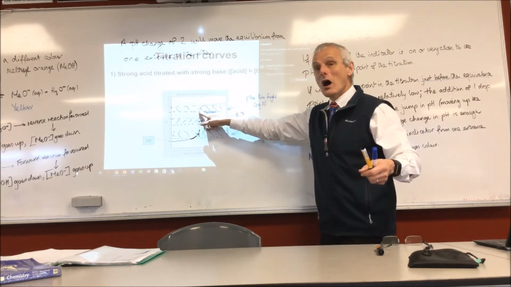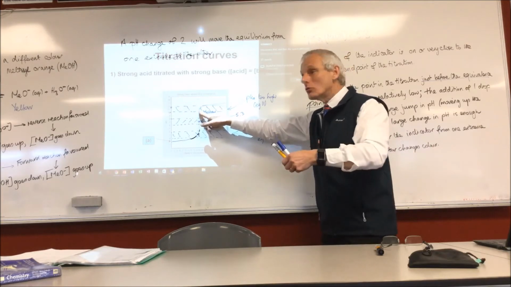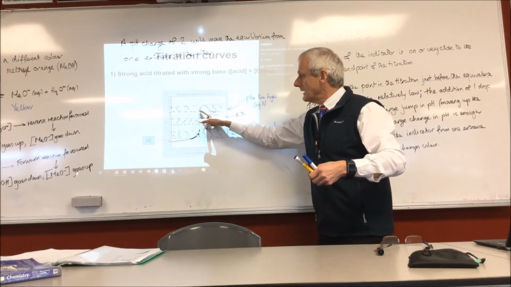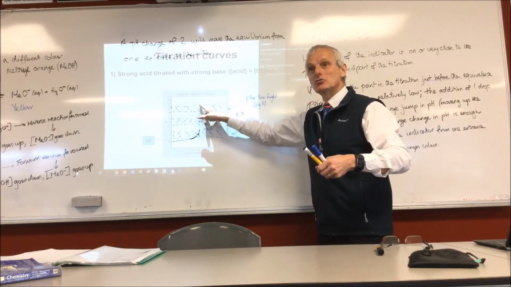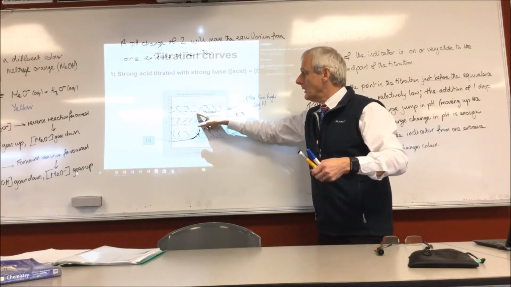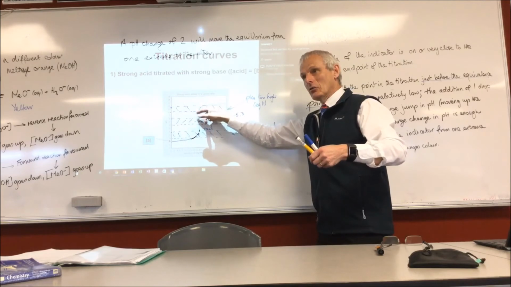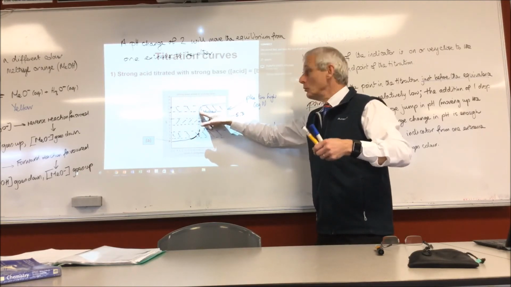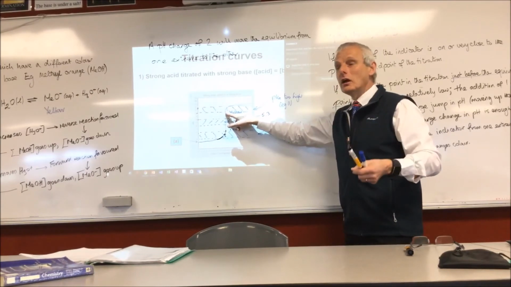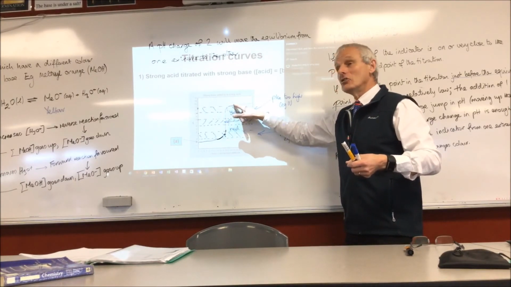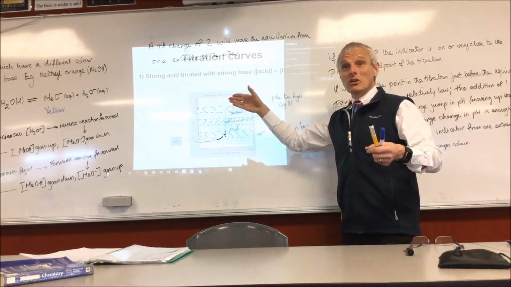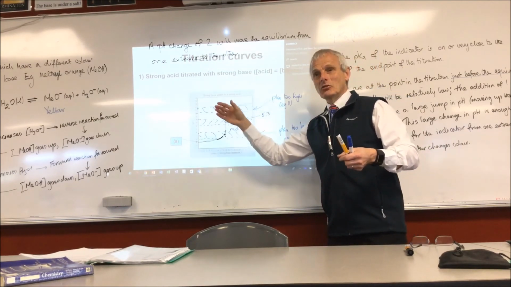If you have it too high, then it will go through the big pH change too late, because the pKa, where you've got 50-50 mixtures, is right up here, and you need the pH change to be up here somewhere. And so you'll go past the equivalence point, it will still be the original colour, and so the pH change, which will cause the colour change, is too late. You've got too much volume added. Okay, so it's not worked properly.